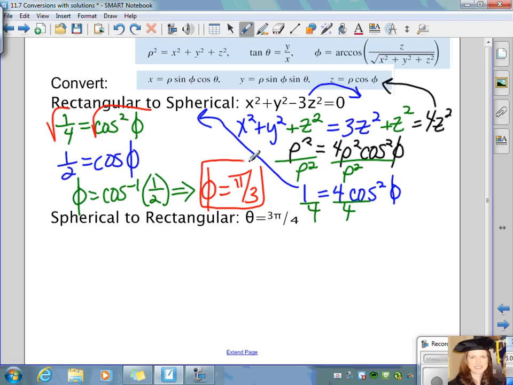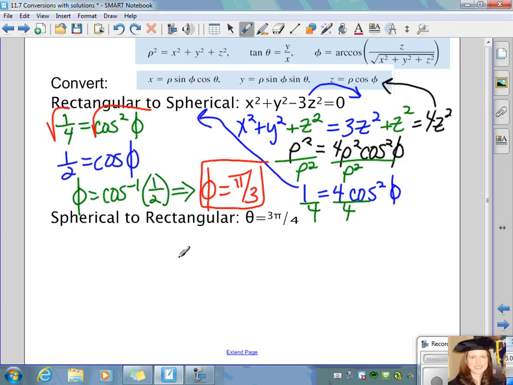So this ends up being the surface using the spherical coordinate system, a simple equation where phi equals pi over 3. The angle is equal to pi over 3. That represented in rectangular is x squared plus y squared minus 3z squared equals 0.